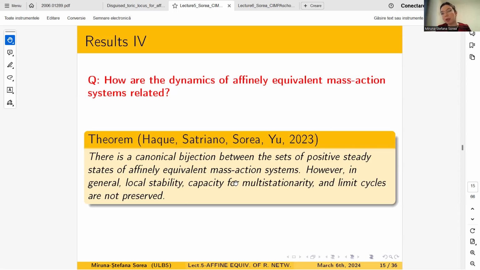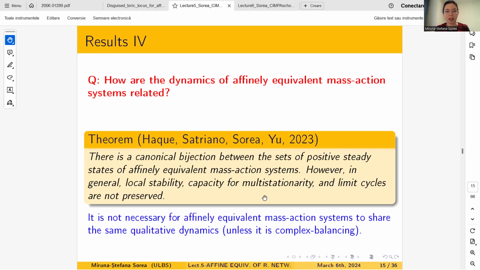And maybe you'll think, if the positive steady states are preserved, what happens with the limit cycles? Turns out that they might also disappear. So this is interesting. It turns out that it is not necessary for affinely equivalent mass action systems to share the same qualitative dynamics, unless we have complex balancing from before.